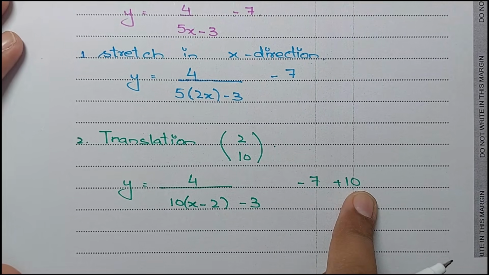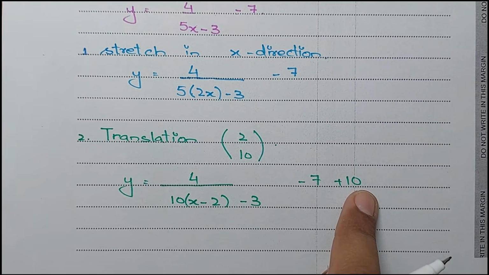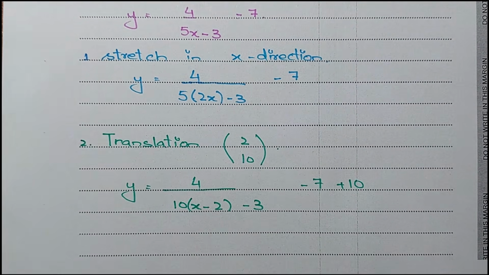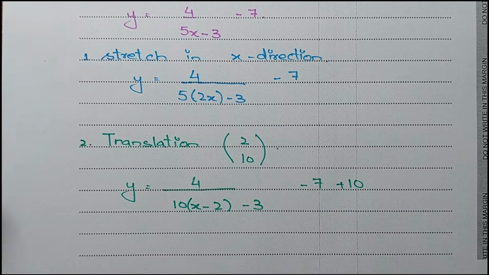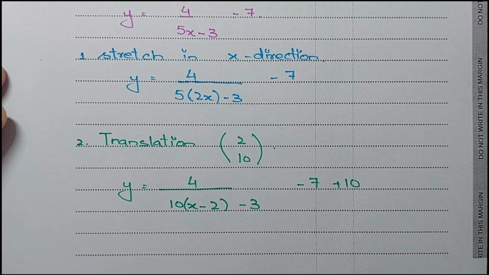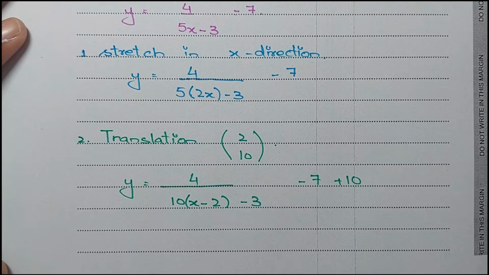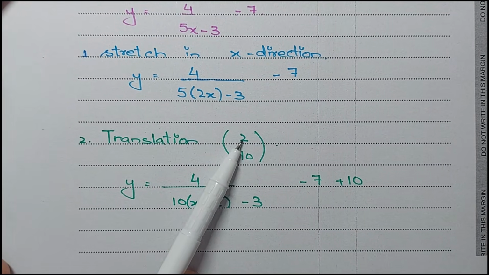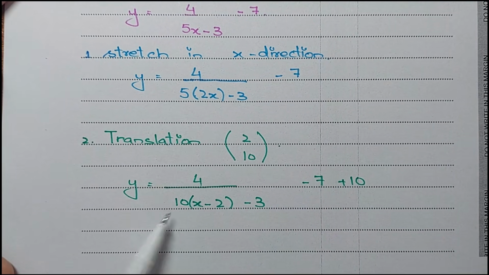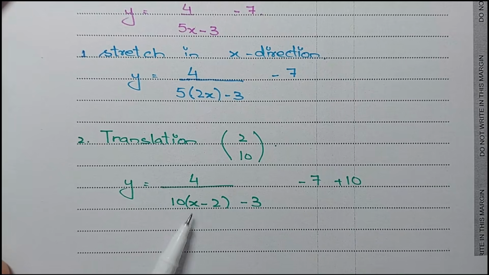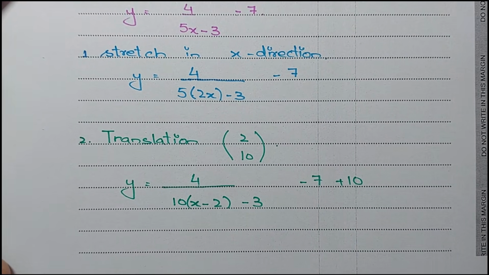This plus 10 is the vertical translation. A vertical translation applies to the whole function, plus or minus that amount, and the horizontal translation is only with the x value. Now 5 times 2 is 10, so 10 is outside, 10x. So this is x minus 2 now.